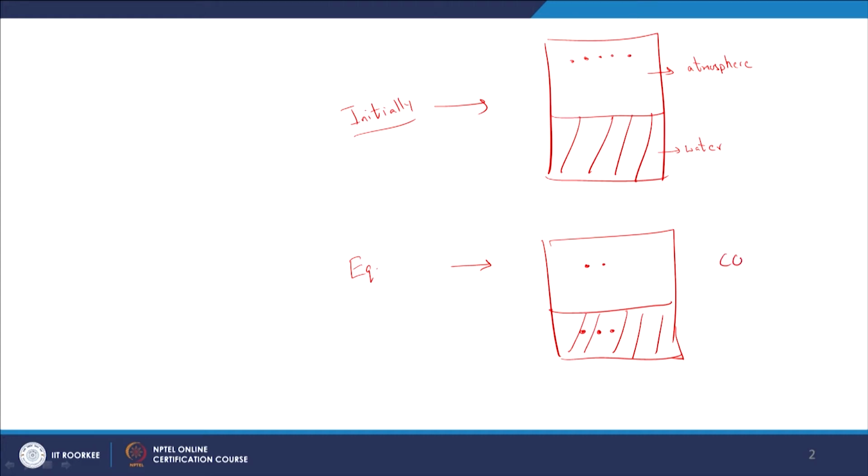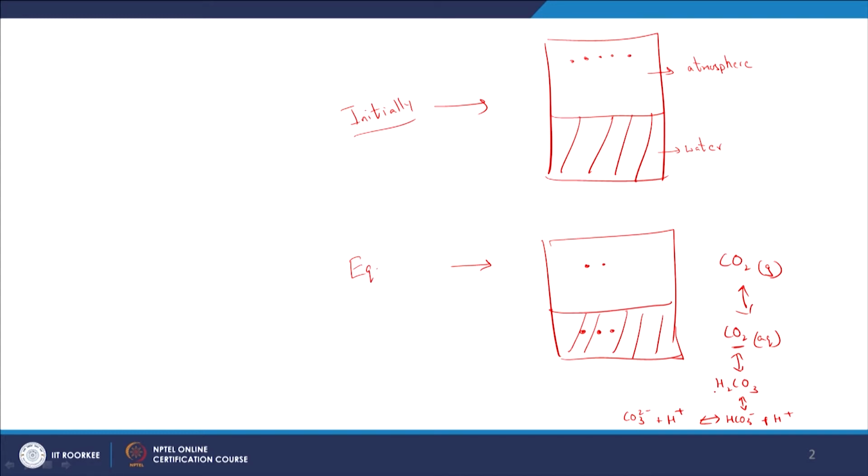The carbon dioxide is changing phase from the gaseous phase to the aqueous phase, and this particular CO2 in the aqueous phase can further be, or will further be, in equilibrium with H2CO3, which will further be in equilibrium with HCO3 minus and H plus, which will again further be in equilibrium with CO3 2 minus and H plus, right.